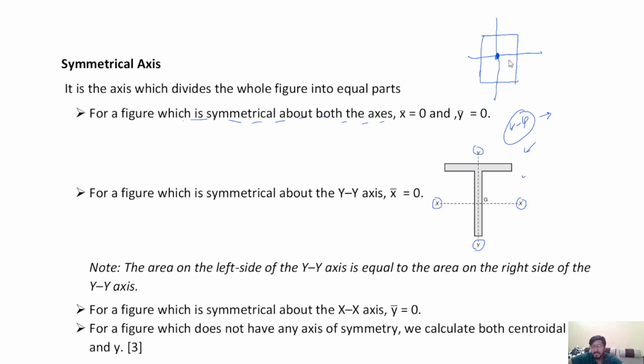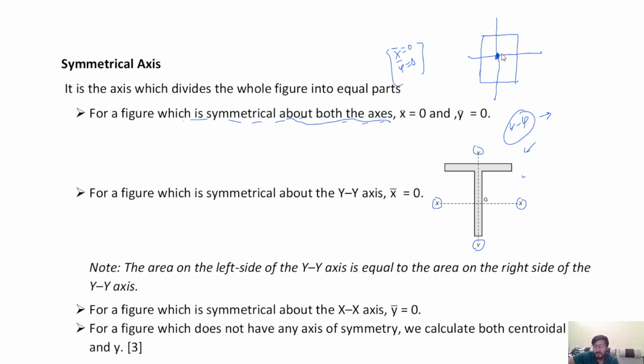Means the centroid always lies at the intersection of both symmetrical axes, or we can say the centroid lies on a symmetrical axis. For a figure which is symmetrical about both the axes, x bar is equal to 0 and y bar is equal to 0.